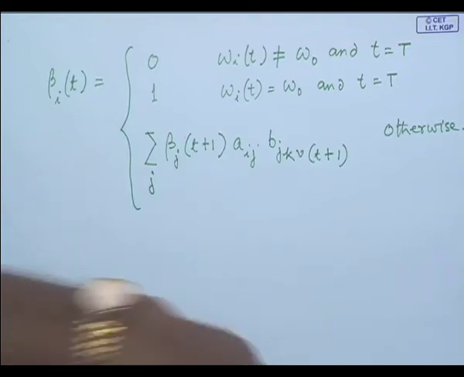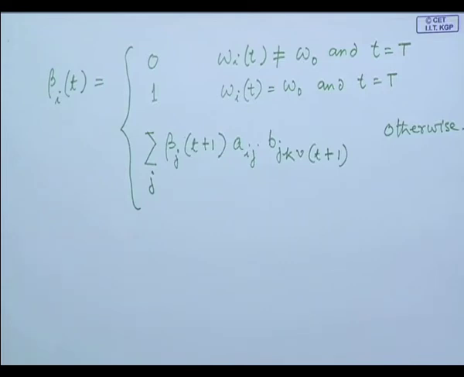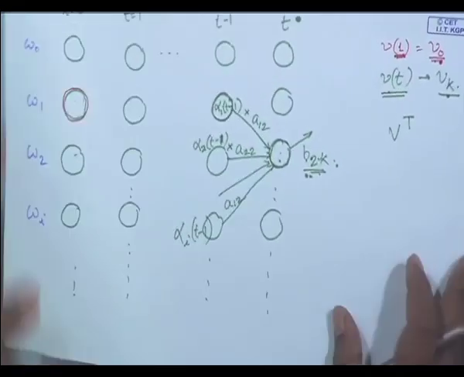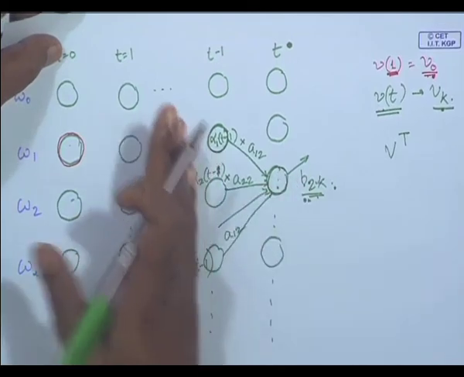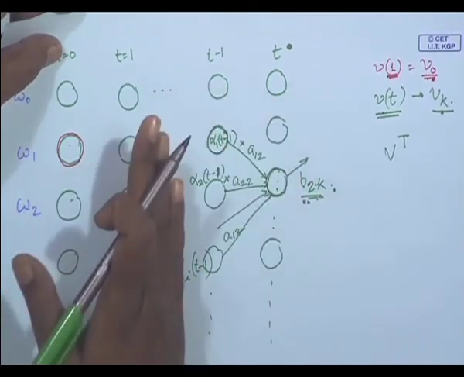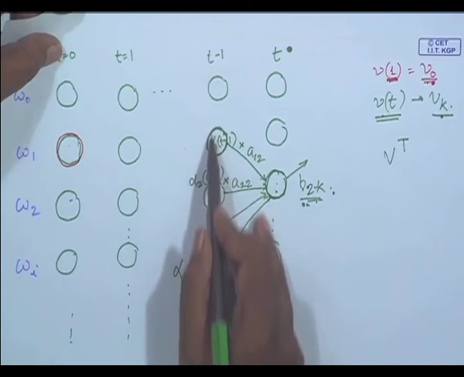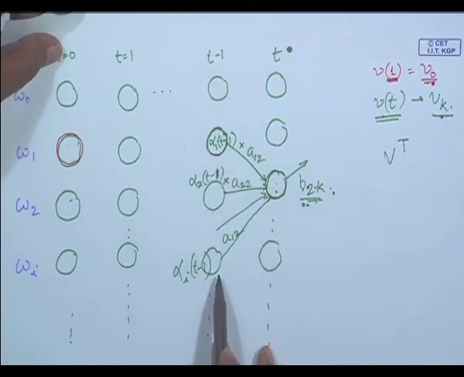Now, if you look at the same diagram that we have used earlier, we can explain what this actually means. In case of the forward algorithm, we have taken all possible transitions from the states in time step t minus 1.